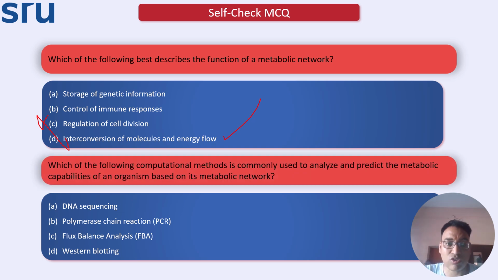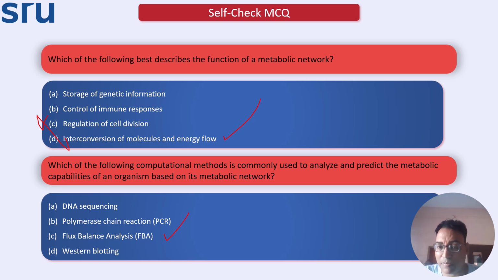Now answer the second question. Which of the following computational models is commonly used to analyze and predict the metabolic capabilities of an organism based on its metabolic network? Is it DNA sequencing? Of course not. PCR? No. Flux balance? Yes, this is the right answer.